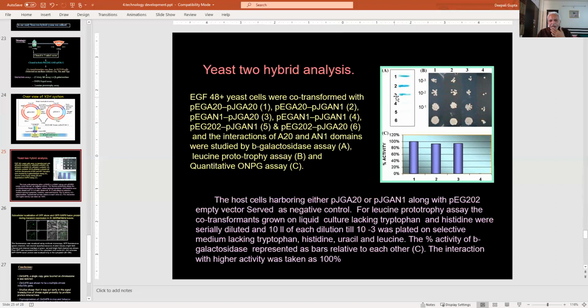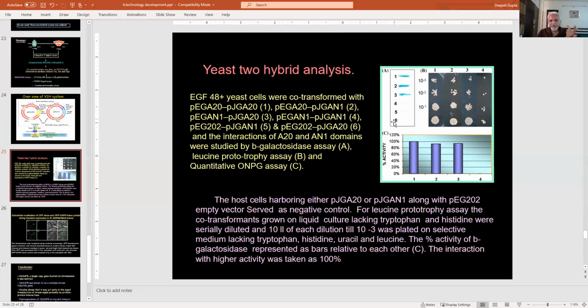If you see here, A20 when taken as bait and target protein drives the expression of beta-galactosidase, and you can see this blue color here. Similarly, A20 and AN1, panel 2, interact and drive the expression of beta-galactosidase, and then AN1 and A20 when you reverse it.